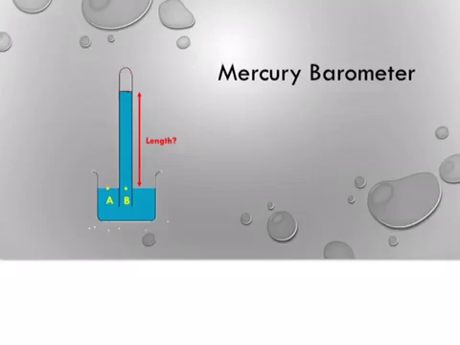We know that pressure of liquids along the same horizontal line is equal. Hence, pressure at A is equal to pressure at B because they are along the same horizontal line. Pressure at A is also equal to the atmospheric pressure, which is known to be 1.01 times 10 to the power 5 Pascal.